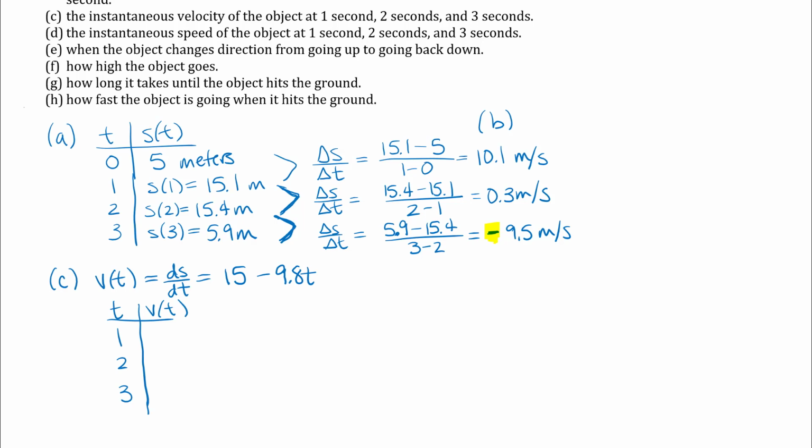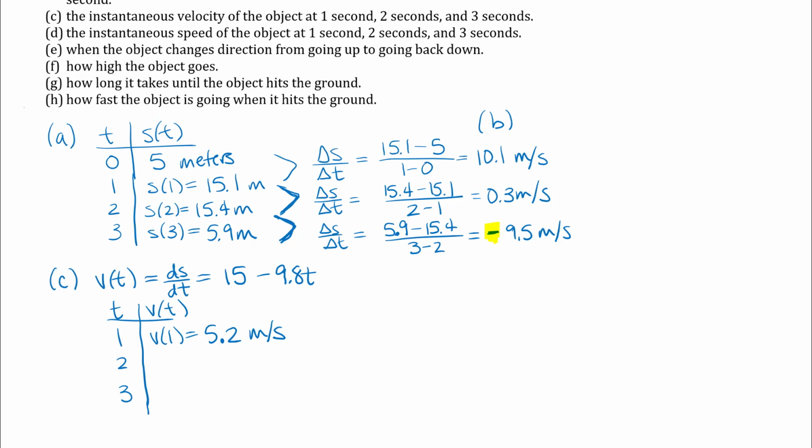So when I plug in t equals 1, I'll get v of 1. So 15 minus 9.8 times 1 will get 5.2. And that would be meters per second, a rate of change. That's an instantaneous rate of change, so that's how fast it's traveling at exactly t equals 1 second.